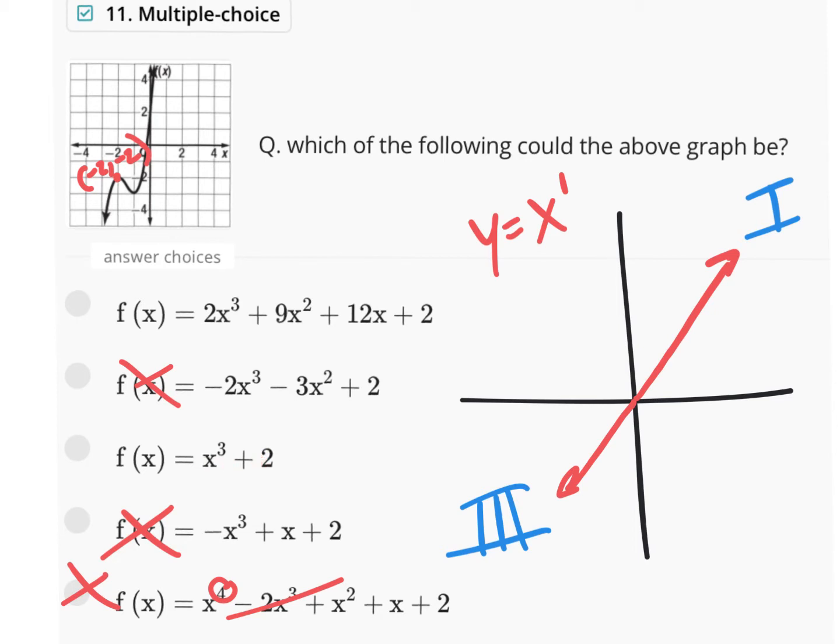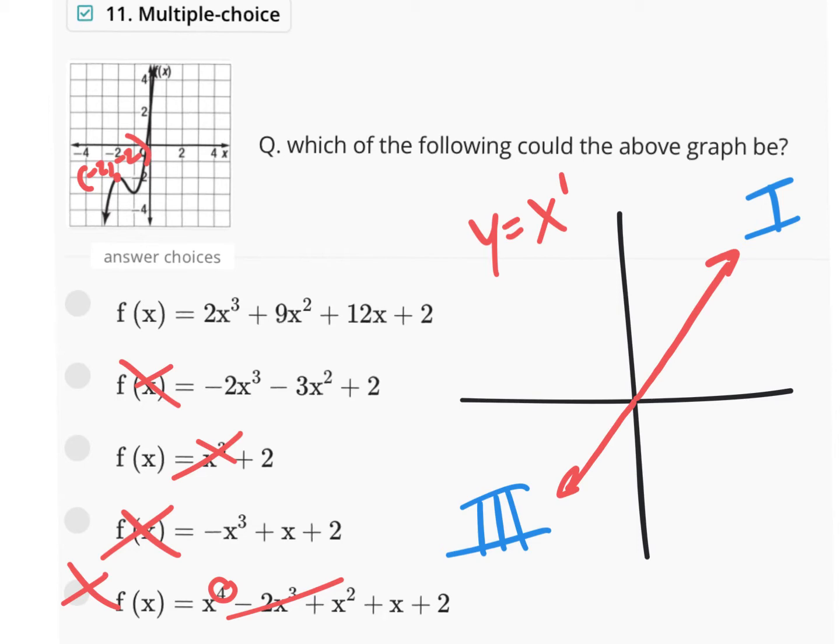And that's not the output. The input -2 does not give us the output -6. It's actually -2. So this one is not it either. And if you'd like, you could verify and plug in -2 right there, -2 right there, -2 right there. Do all that math, and it should give you the output -2.